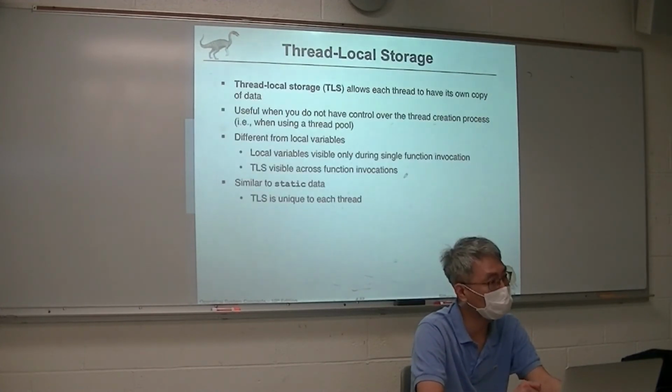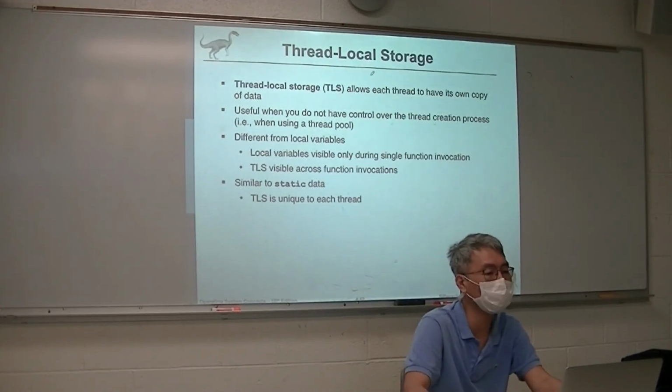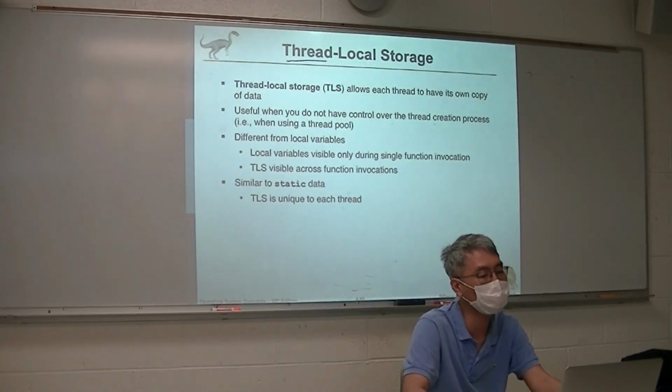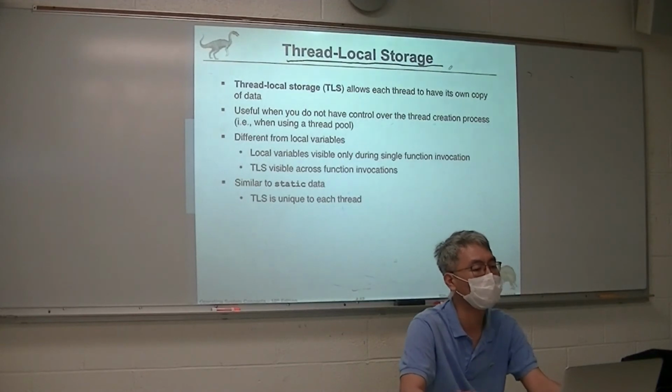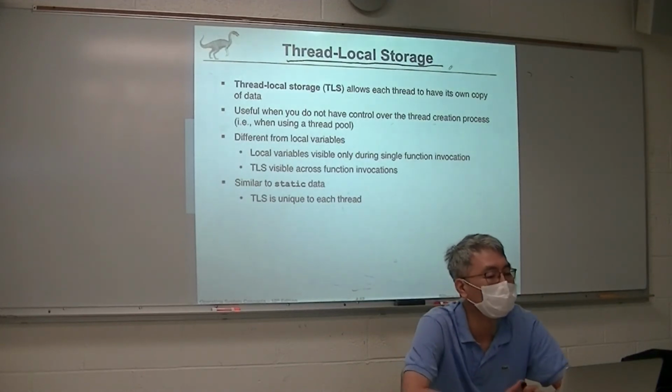I think last time one of the students asked, what if the thread has its own information? The thread library allows each thread to manage thread-specific information, which is called thread local storage, in short TLS.